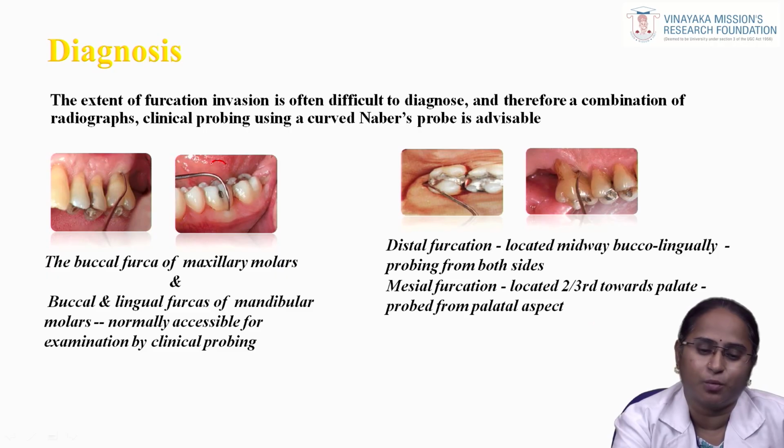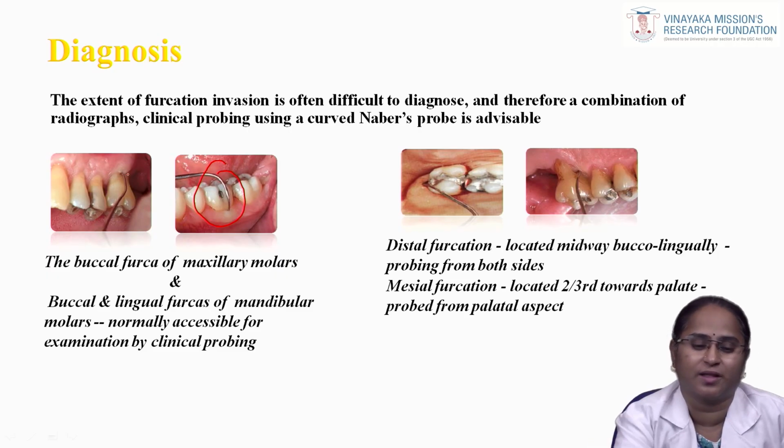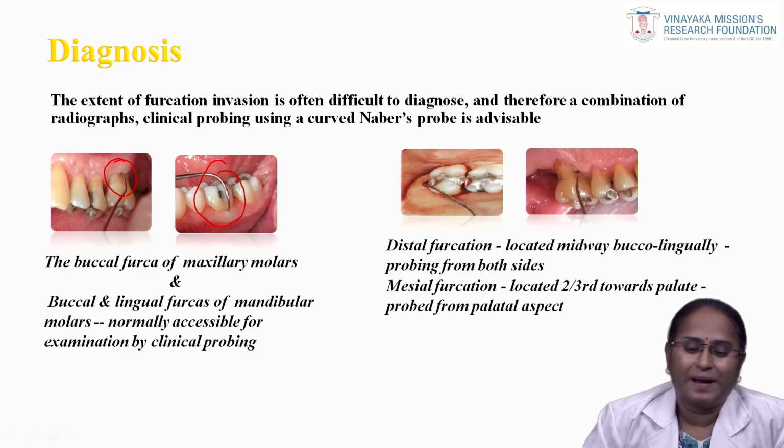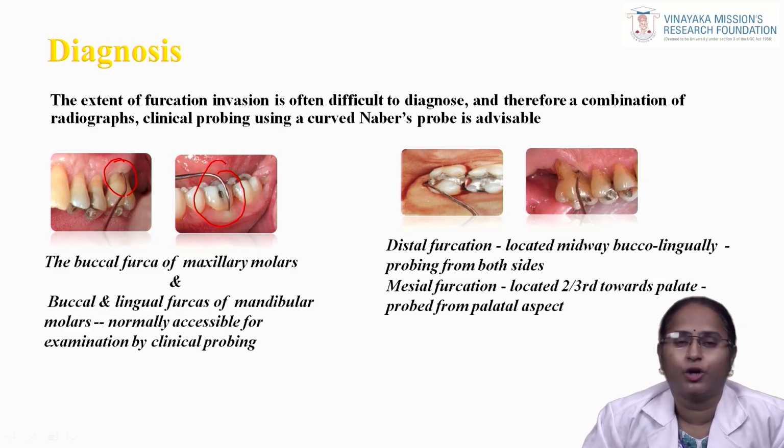So this is a Nabers probe. We check both buccal and lingual or palatal furcations. The buccal furcation of maxillary molars and the buccal and lingual furcations of mandibular molars are normally accessible for examination by clinical probing. The distal furcation, which is located midway buccolingually, is probed from both sides, whereas the mesial furcation, which is located 2/3 towards the palate, should be probed from the palatal aspect.